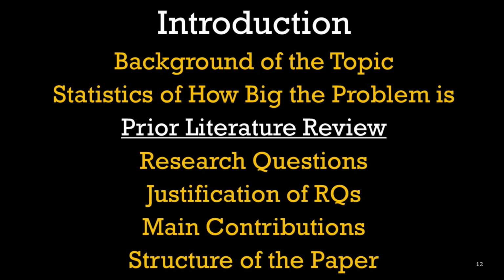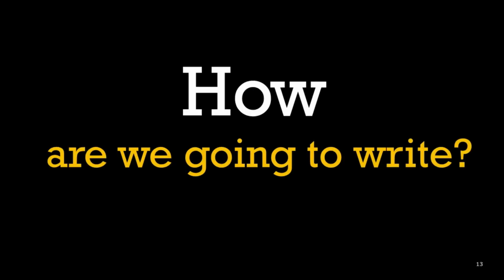Then the prior literature review: which existing systematic review papers have been published that are close to yours. Then the research questions, and justification of the research questions: why the question you have selected is important and why it needs to be answered. Then the main contributions of your systematic literature review paper, and the structure of your paper. That's broadly what you should cover when writing the introduction section. So how are we going to write?